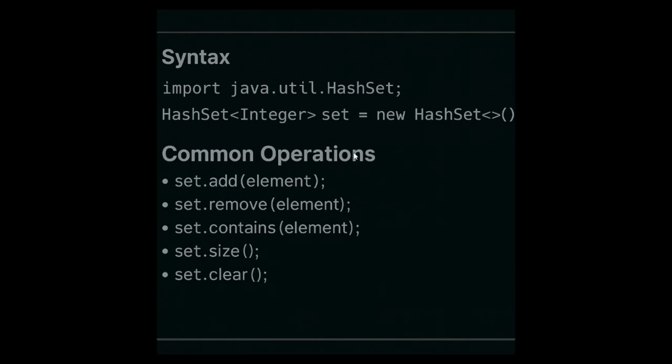Some of the common operations are set.add, which adds an element inside the hash set. set.remove(element) removes the element if it exists. set.contains(element) returns true if the element is present. set.size() returns the number of elements and set.clear() removes all the elements.